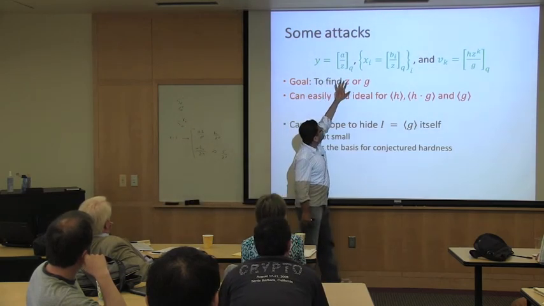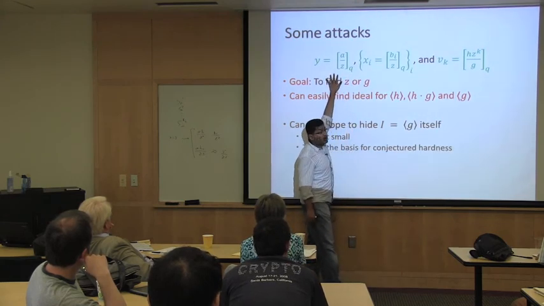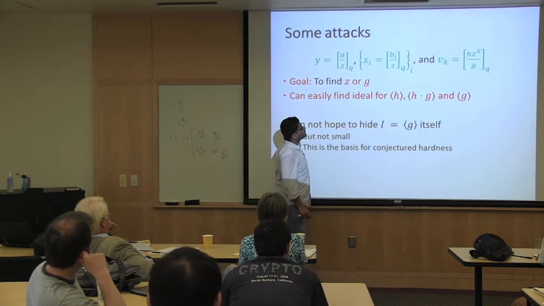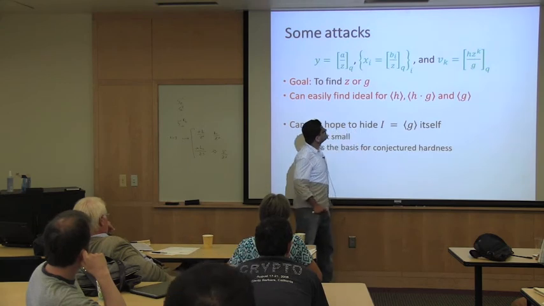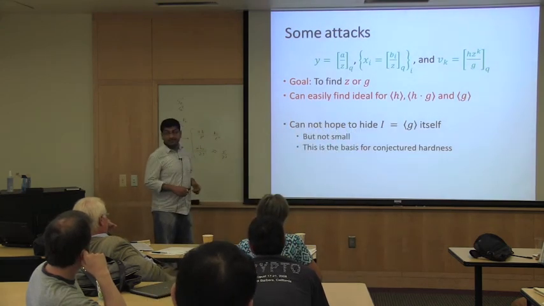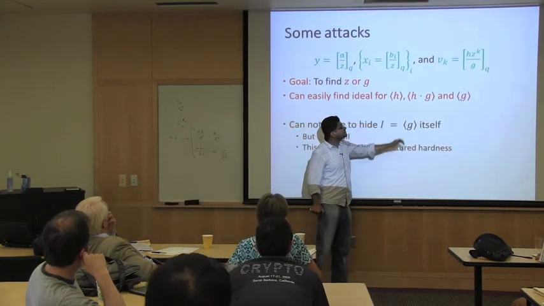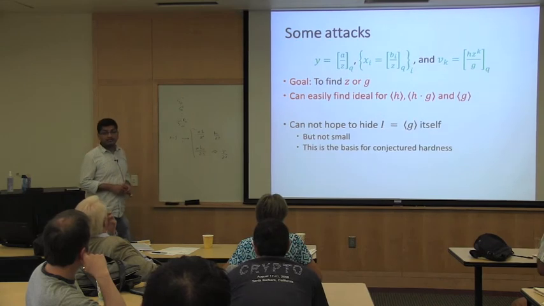So if you multiply a bunch of encodings of 1 with an encoding of 0 with the vk, then you're going to get something which is going to lie in the principal ideal defined by h. And similarly, you could get terms which are defined by ideals for hg, and using them, then you can compute the ideal corresponding to g.